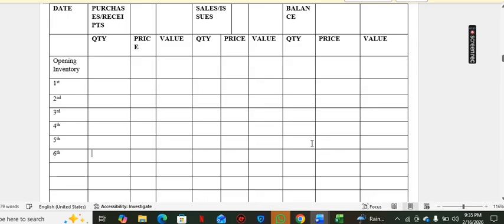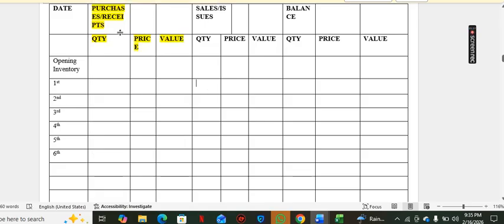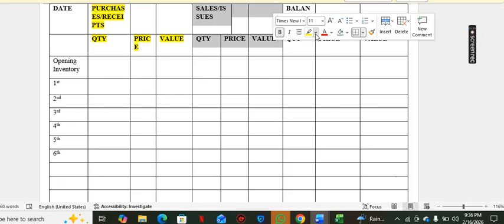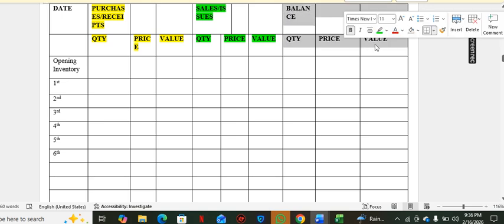Those are the three main columns that you have. Purchases column: quantity, price, and value. Sales column: quantity, price, and value. And the balance column: quantity, price, and value.